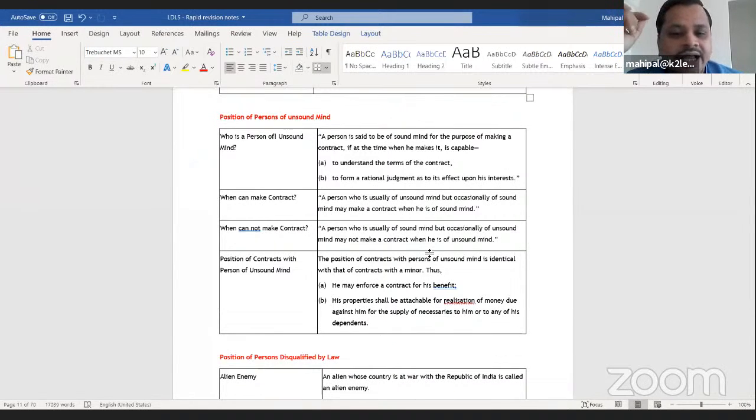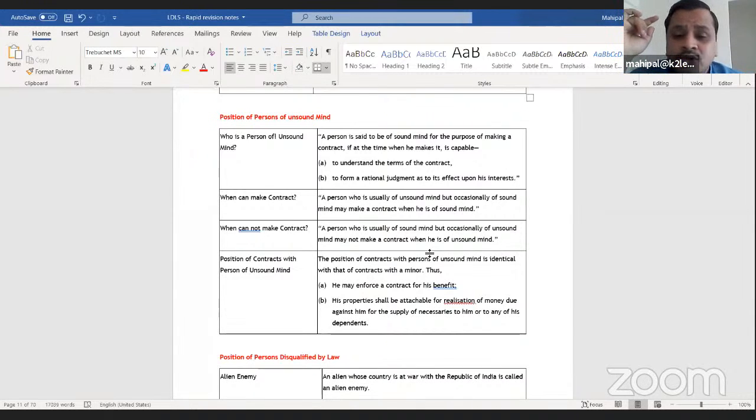In such case, they can enter into the contract during lucid intervals. It is a period when they are of sound mind. Remember this term, lucid interval. Lucid interval kya hai? A period when they are of sound mind. In such case, those contracts entered during lucid intervals will be valid.